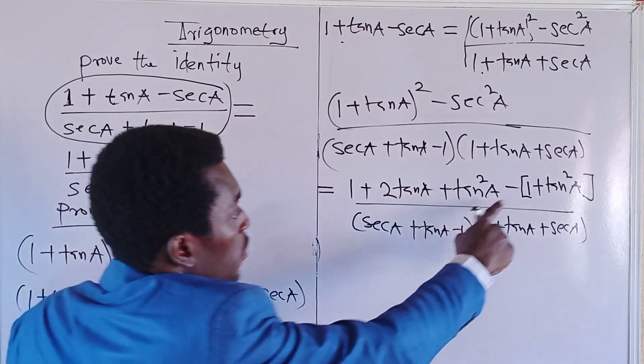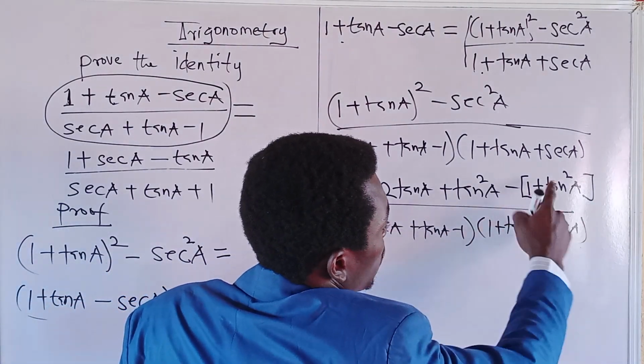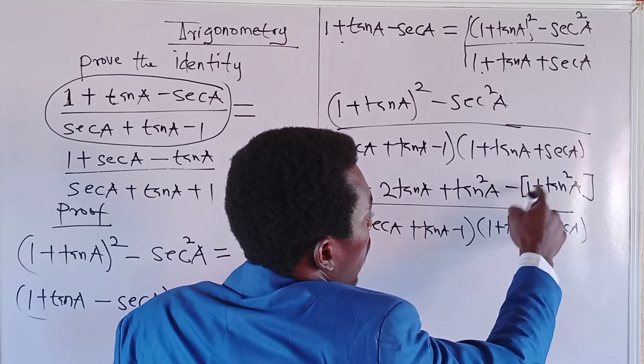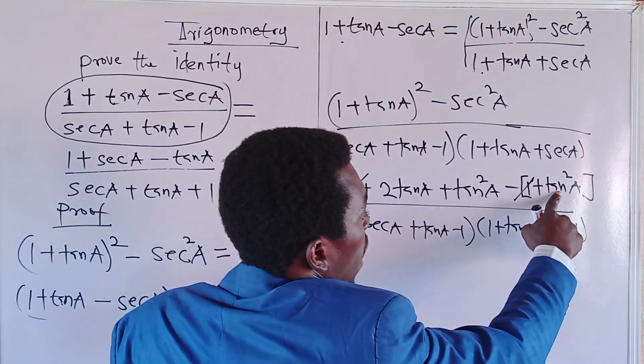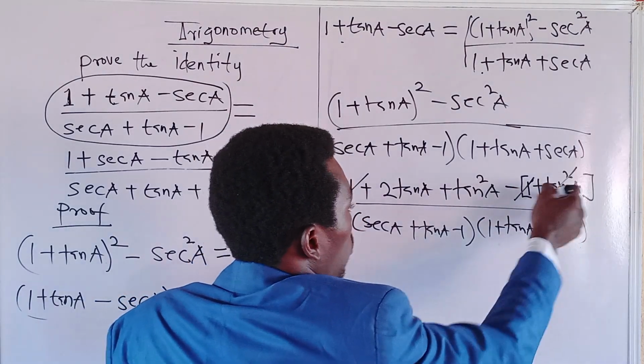Now, if we distribute into the parentheses, this becomes negative, and this negative one cancels out with this. Then this multiplied by this gives negative tan squared A, which cancels out with this.